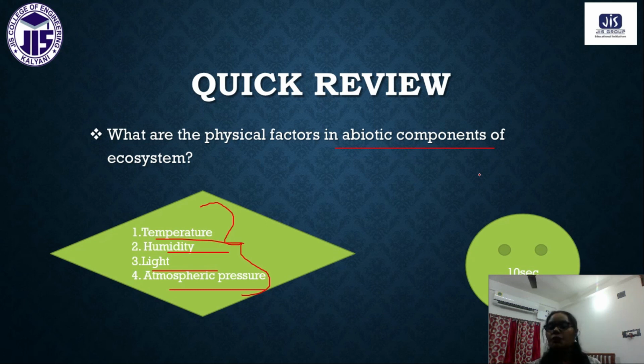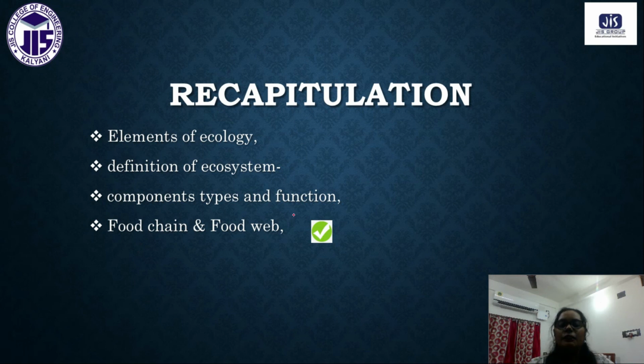Next, we have discussed the food chain and food web, which is also very important. So this is some recapitulation of the elements of ecology. What is ecology? What is an ecosystem? An ecosystem means whatever we have in our surroundings, the biotic and abiotic components. And ecology is the part of science in which we discuss the interconnection between the biotic and abiotic components in our environment. We have discussed the types of components and their functions, and also the food chain and food web.